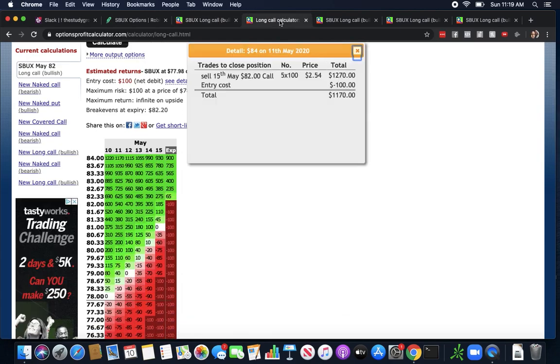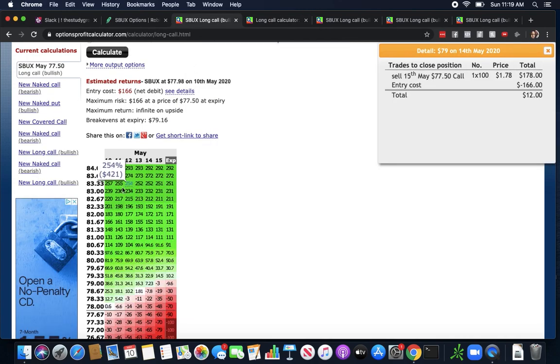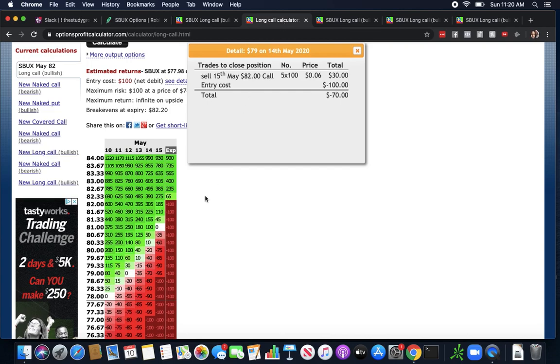Whereas with my riskier options contract, if it doesn't go above 79, by the time we get to the 14th, I'm losing $70 because the time decay ate away at my extrinsic value. So this is just a really short comparison and a way to look at the difference between buying at the money and in the money options contracts versus buying the ones that are out of the money.